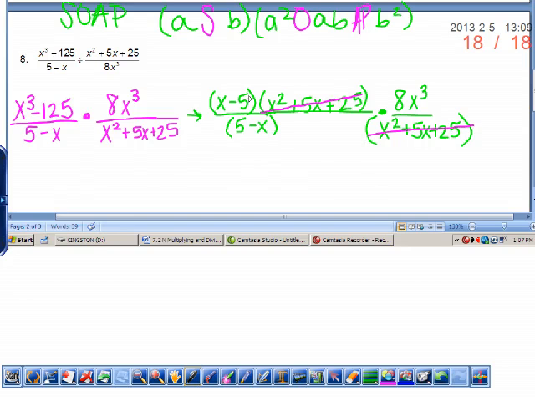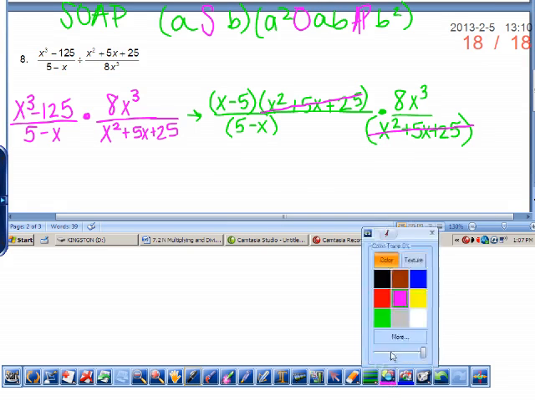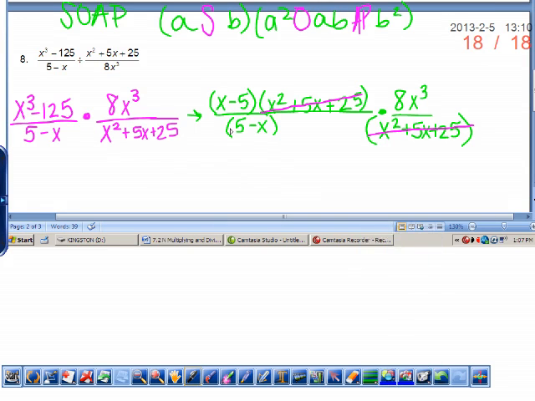Okay. Now some of you might be looking at this x minus 5 and this 5 minus x and thinking those are really, really similar. There is a way to manipulate that to make them cancel. The first thing you would do is pull out a negative from this 5 minus x. If I rewrite this as negative 1 times, that would give me negative 5 plus x.